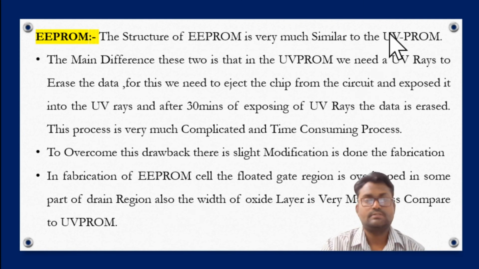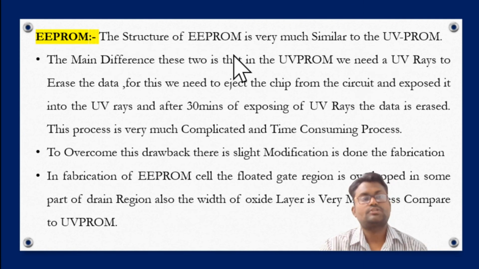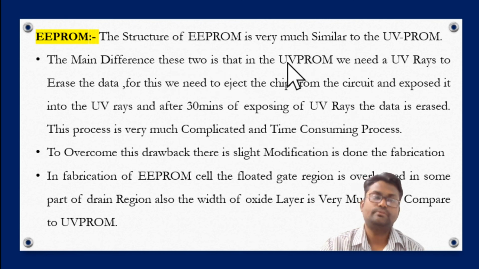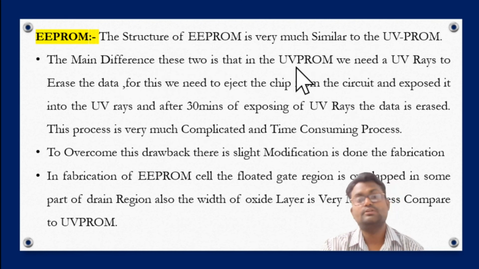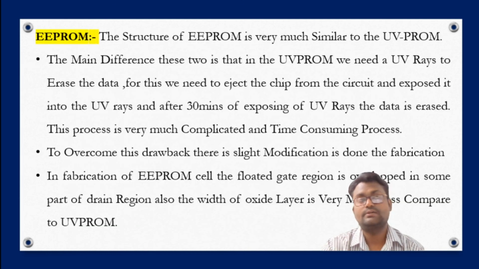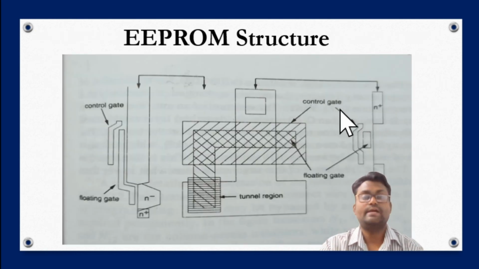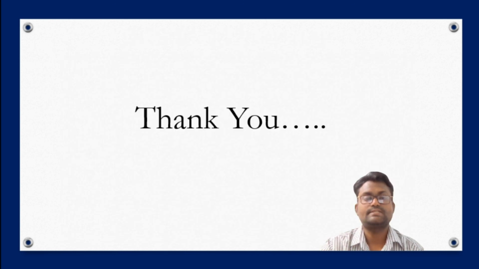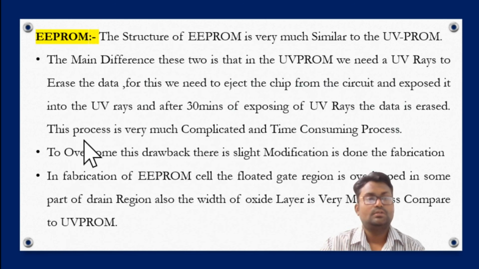The structure of EEPROM is very similar to UV-PROM. The main difference is that for erasing the data with the UV-PROM we need UV rays, but for erasing the data with this EEPROM we just need an electrical voltage provided at the drain end of the MOSFET. Okay, I think this is clear to all of you.